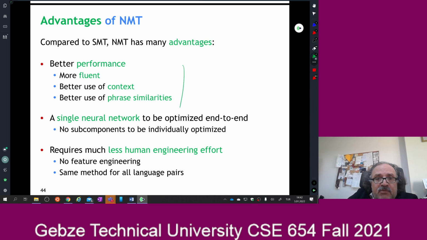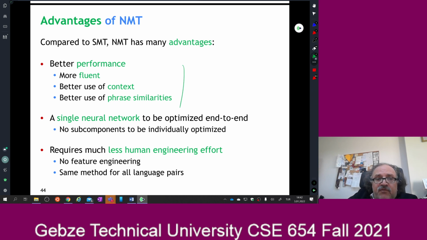No subcomponents will be optimized, and our human engineering effort is much less than the statistical machine translation. Why? Because all you need is the parallel corpora, sentence by sentence corpora, and that will be it.